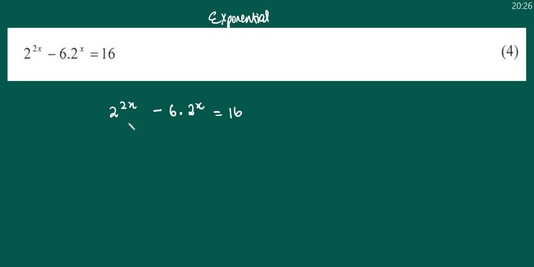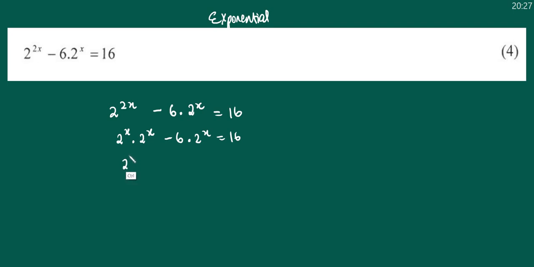For you to check, you can rewrite this as 2 to the power of x times 2 to the power x, and because x plus x is 2x, you're going to have this and then that. Usually try to do that first to see if you can get a common factor. If you do have a common factor, you can take it out.